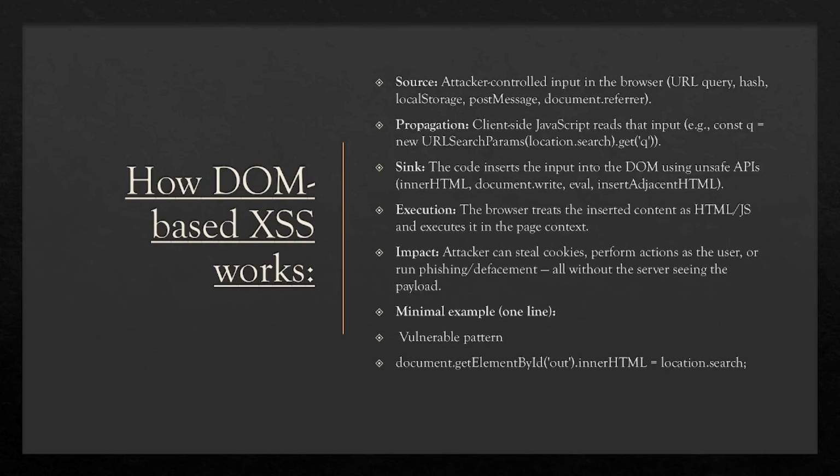That's the source. If the page JavaScript reads the attacker-controlled data and then inserts it into the page using unsafe APIs like innerHTML, document.write, or even eval, the browser will treat it as code and will run it. That's the sink plus execution.